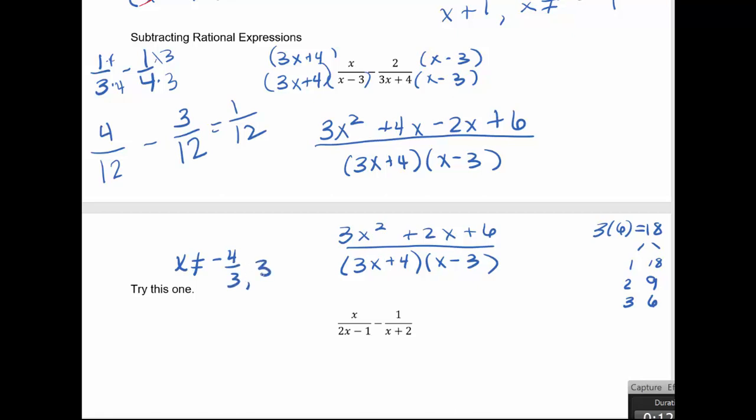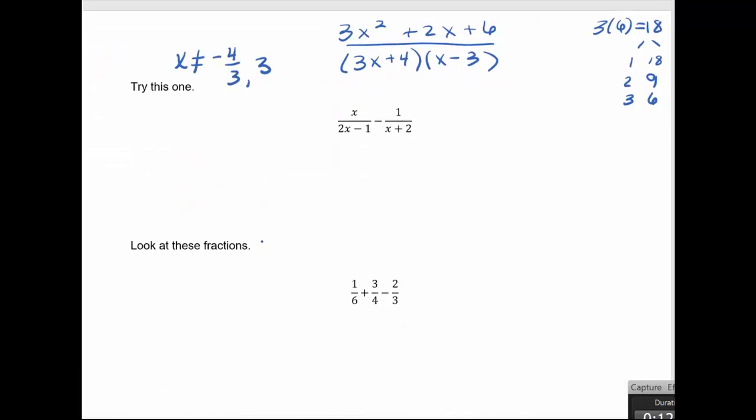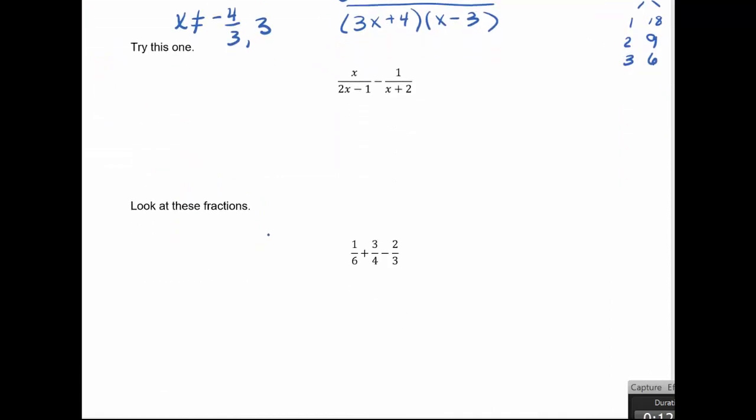All right, you try this next problem. X divided by 2x minus 1 minus 1 over x plus 2. Get your common denominator. So we have x plus 2 times 2x minus 1.